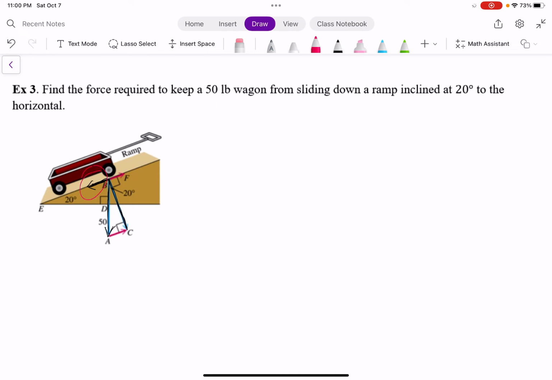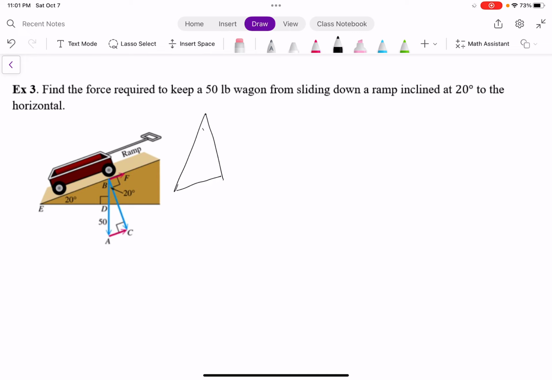So I can move the force to the bottom, to make it clearer. Then I construct a right triangle here.